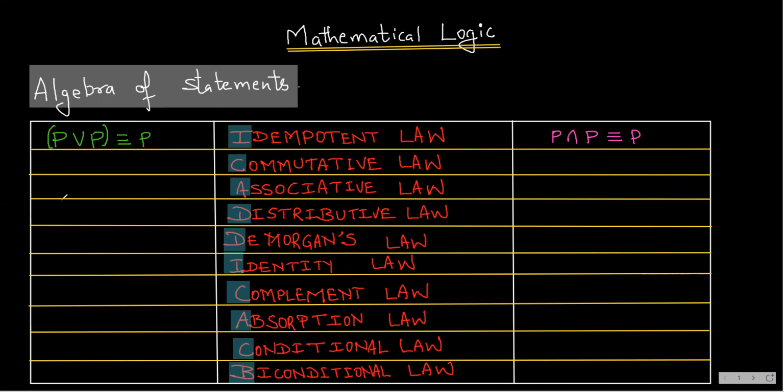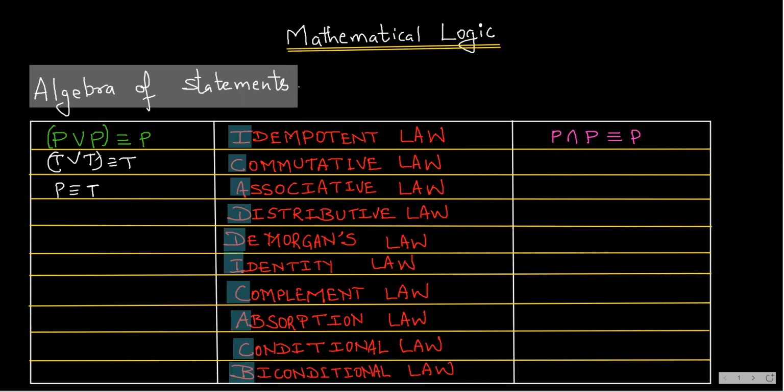I give you an example for this. Suppose I have the truth value of P as true. What is P? P is true. So what will I have when I have P or P? I will have true or true. Now tell me, what is true or true? True or true is true.